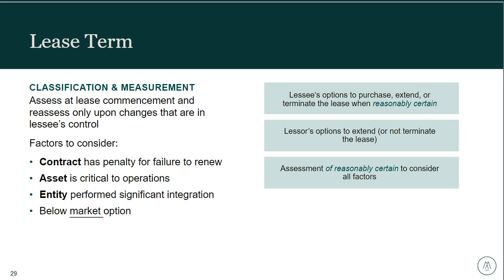So we take our lease term, our contractual required minimum is part of the term, and then any of the lessee's options to purchase or extend when reasonably certain, plus any lessor options to extend or not terminate the lease. So if the lessor controls the option to extend, it is presumed that the lessor will elect to extend, okay?